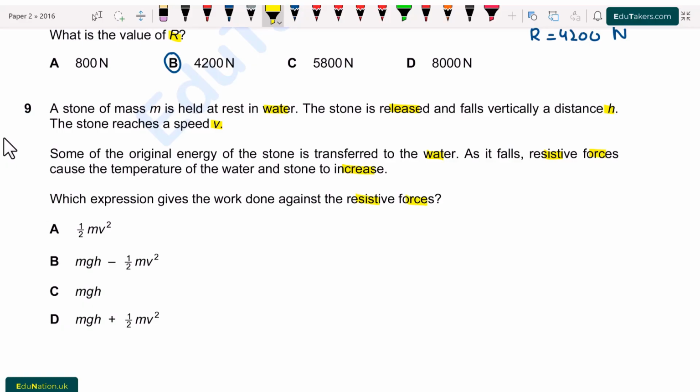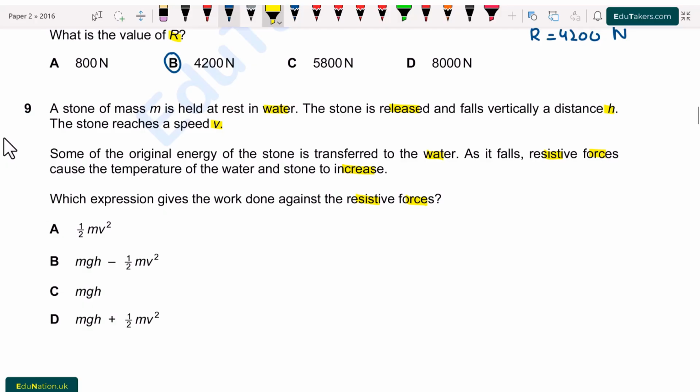So here we have to write the expression to find the work done against resistive forces. As the body falls, it loses its gravitational potential energy. And loss in gravitational potential energy will be equal to gain in kinetic energy plus work done against the resistive forces.